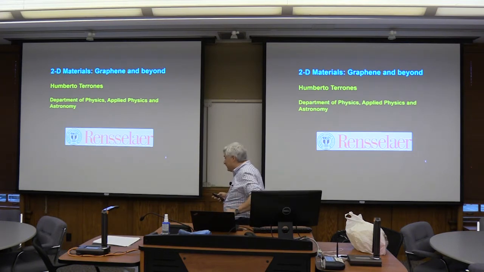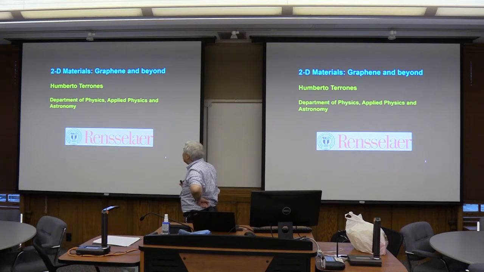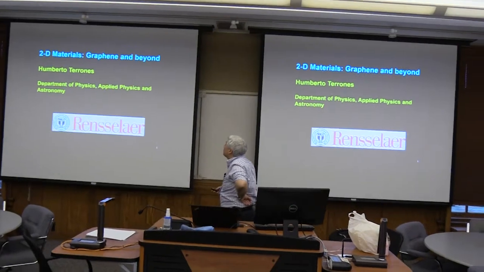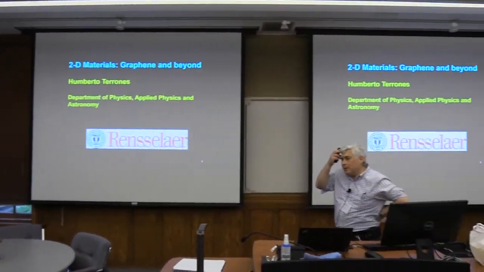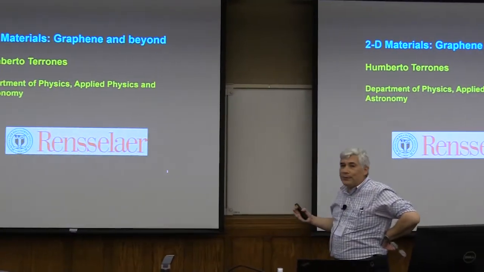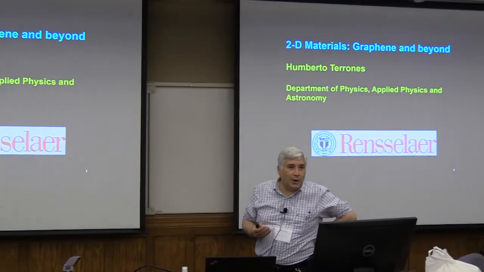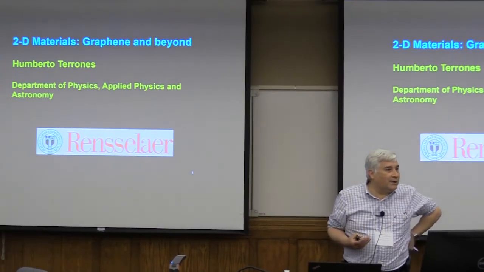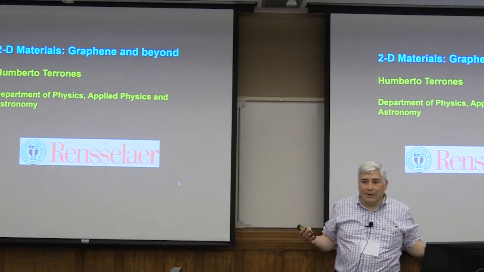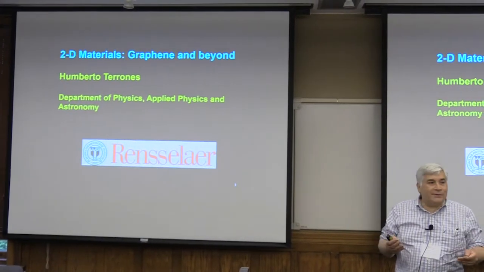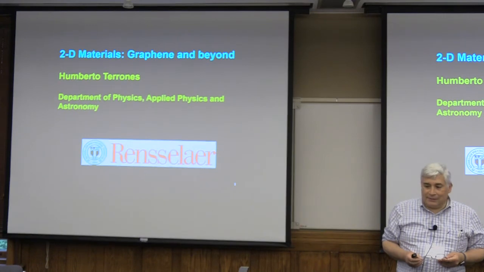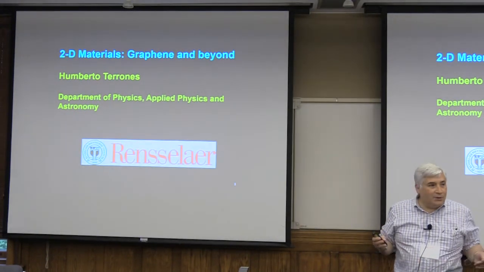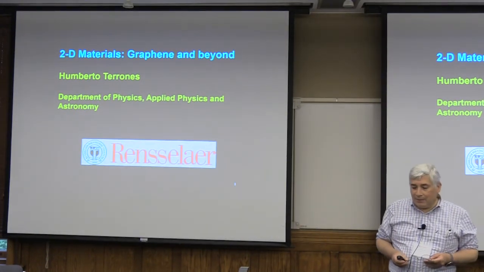I see some of the students who took solid-state physics with me, so they know more or less what I am going to talk about, but I will extend my lecture because though some of the results I'm going to show you come from DFT, density functional theory, which is the first approximation as in ab initio or first principles methods.